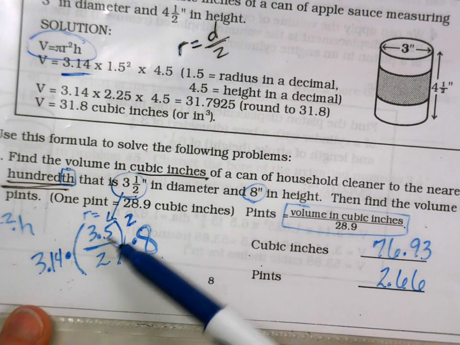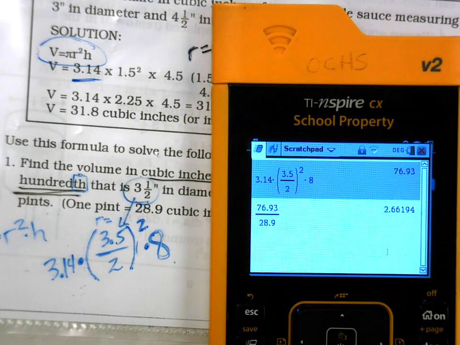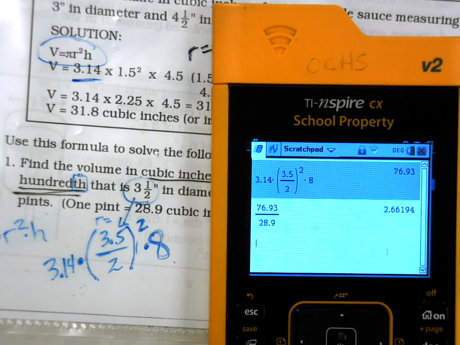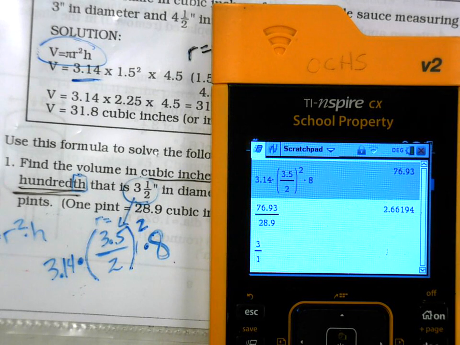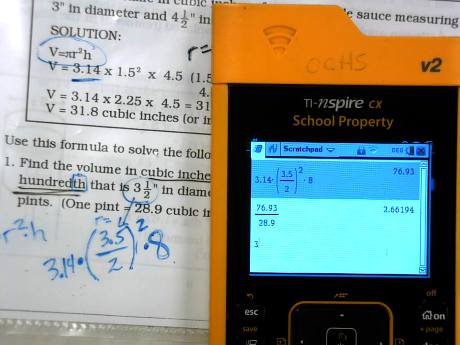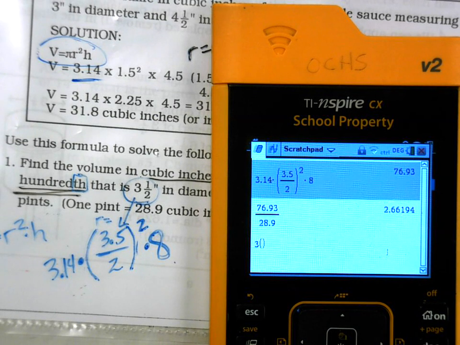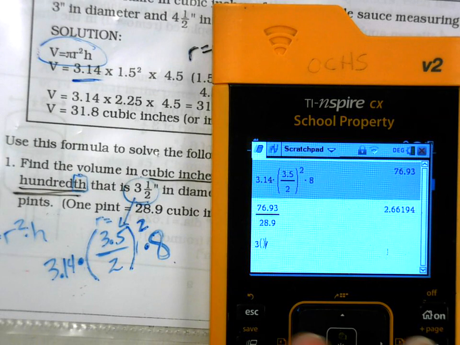How do you change a fraction to a decimal if you don't know what it is on your calculator? So on this calculator, if I did 3 and then I did 1/2, oops, oh, goodness gracious.